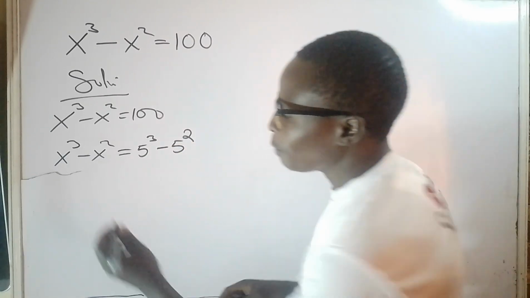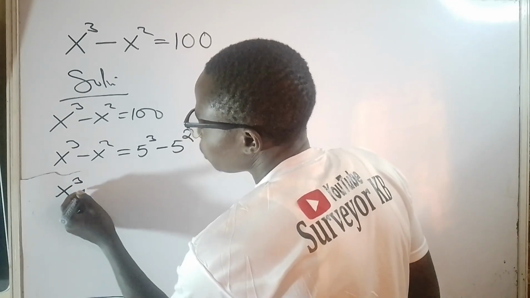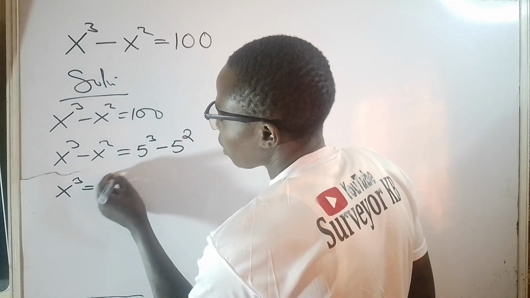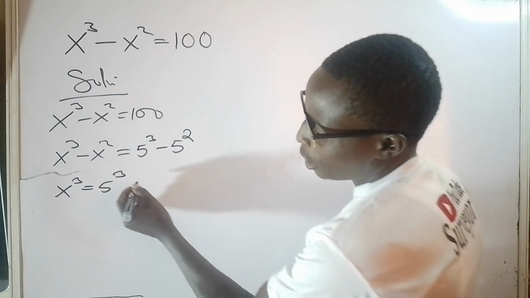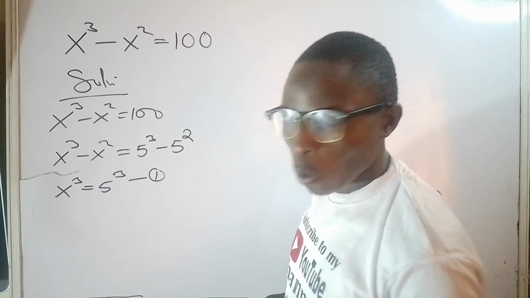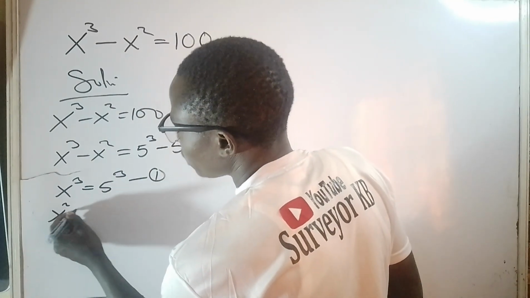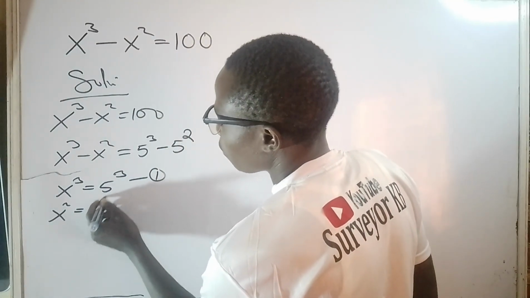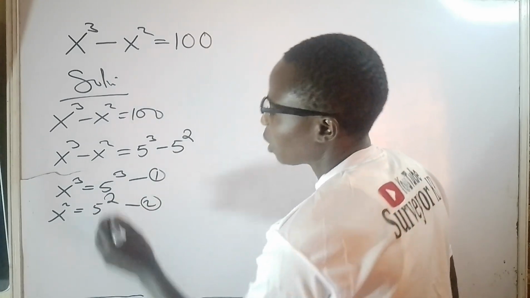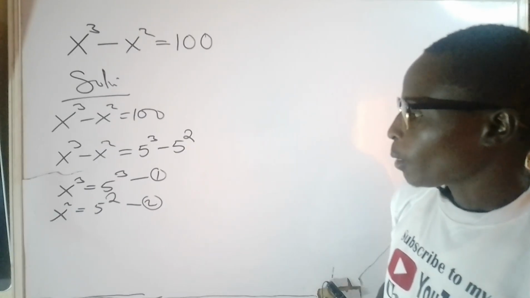So if that is the case, x cubed is equal to 5 cubed, which I call equation 1, and x squared is equal to 5 squared, which I call equation 2.